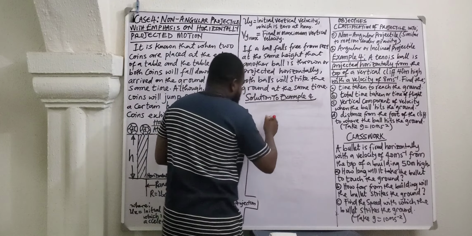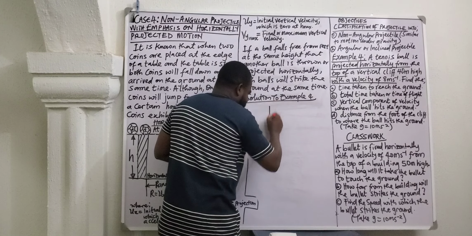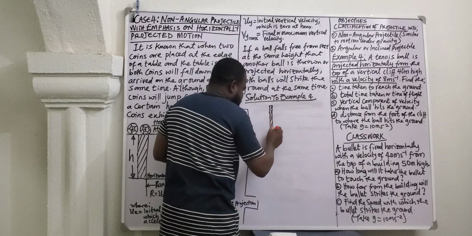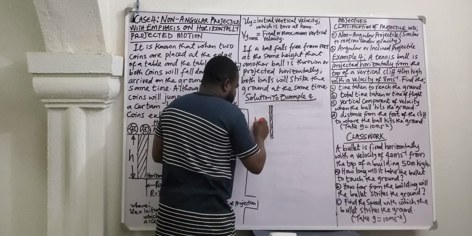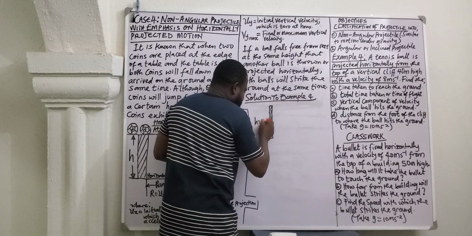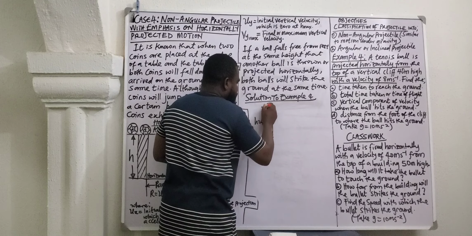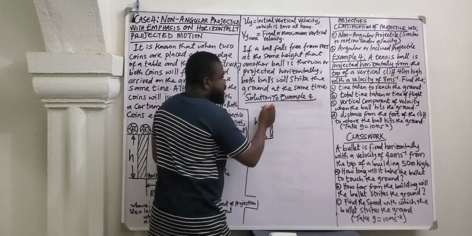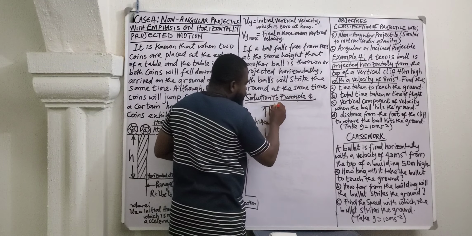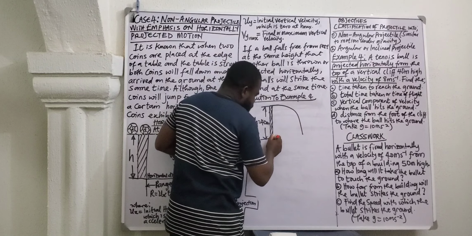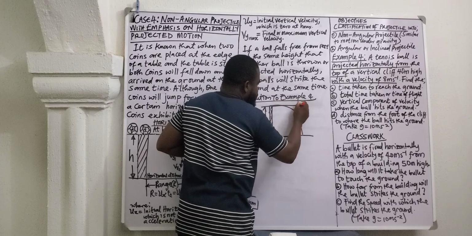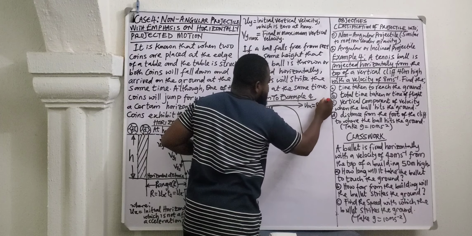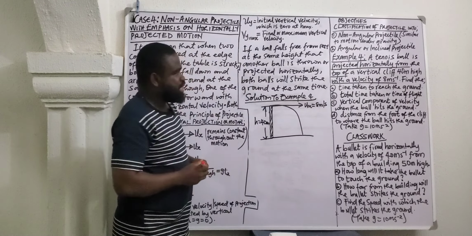So let's put it this way. Let me have a diagram. So if you have this as the cliff, with height h given as 40 meters, and then you throw the ball with horizontal velocity u subscript x as 8 meters per second. I told you that is the velocity.